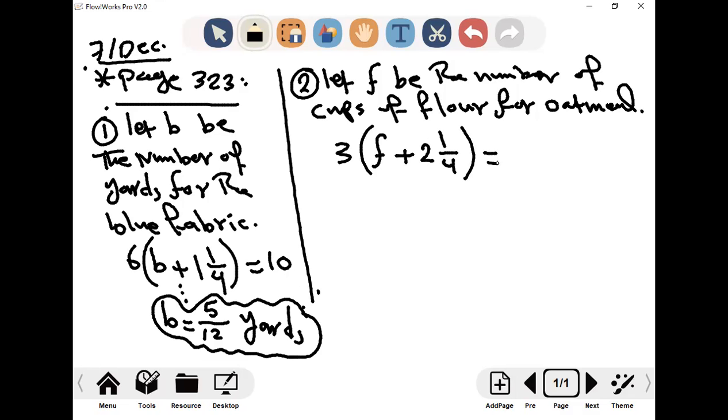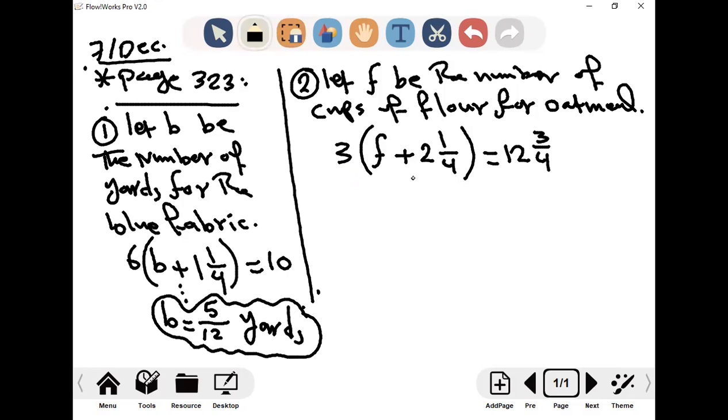All together 3, right? If you put 6 here, this is wrong. Why? We are talking about the oatmeal, we are focusing on the oatmeal. For the chocolate chip, everything is known, right?